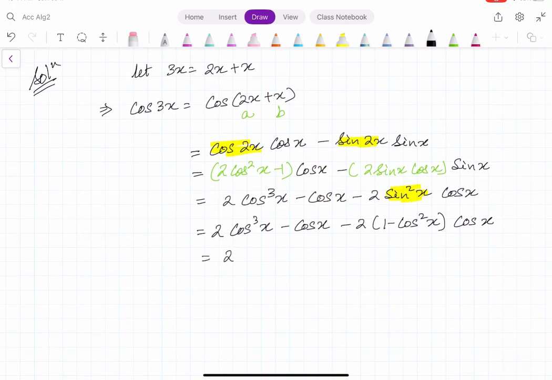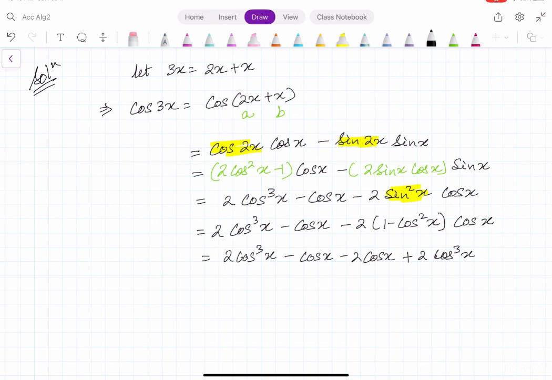Then let's clean this up because everything is in terms of cos only. Now we have a cos x. I can multiply a -2 at the same time. So let me rewrite it again. So it will be -2 cos x plus 2 cos cubed x.